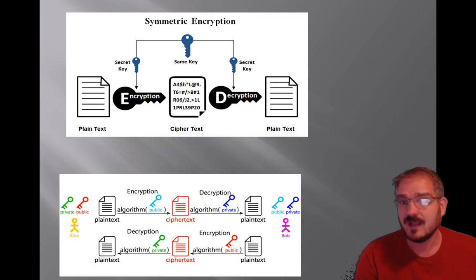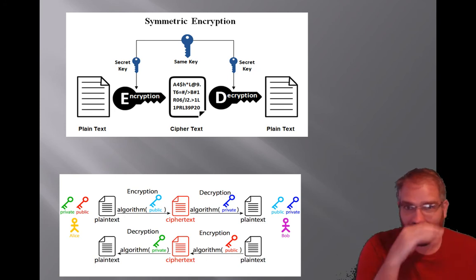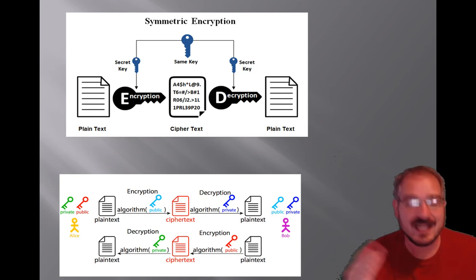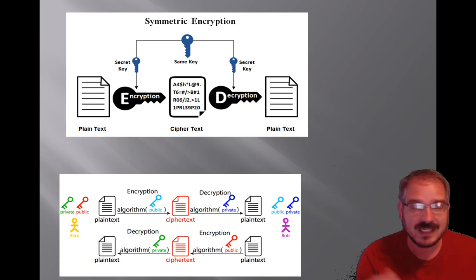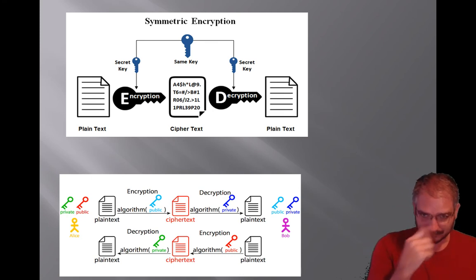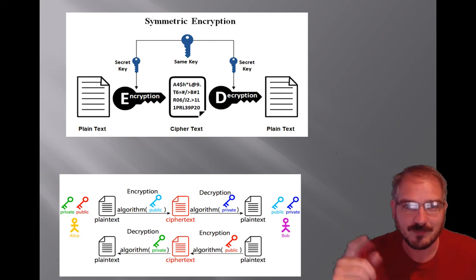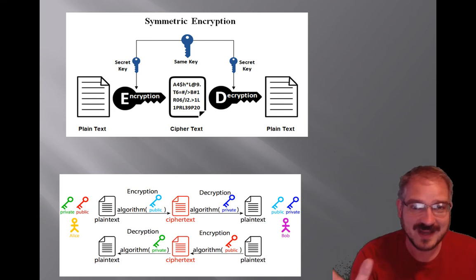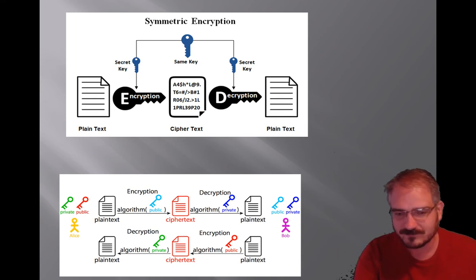So Amazon and Etsy and Wish and all those, any internet company that takes money or deals with credit card information or any of that stuff uses this kind of encryption because that means they don't have to give out their encryption scheme to the people who make web browsers and stuff. Because any secret shared by more than 2 people is not going to remain secret for long, right?